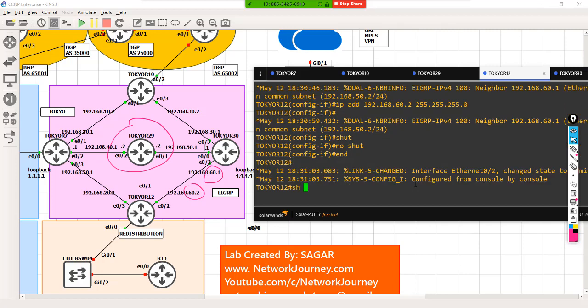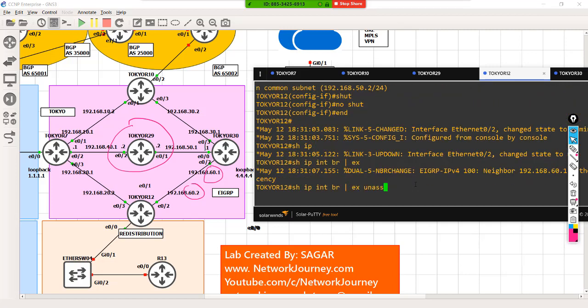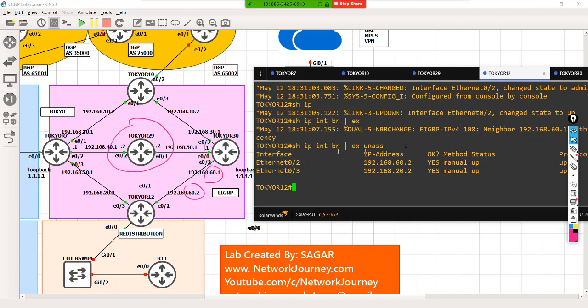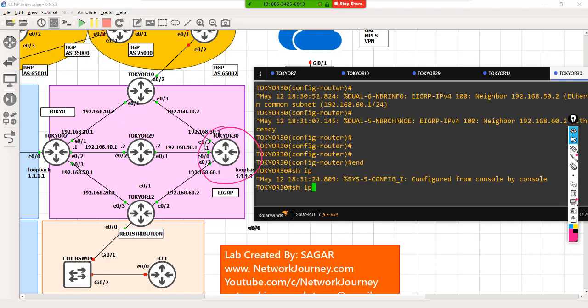Now let's check the IP. So I have 60 and 20, 20 on this side and 60 on this side. That's also fine. Now let's see from the last router's point of view, that is Tokyo 30. Show IP int brief exclude unassigned.